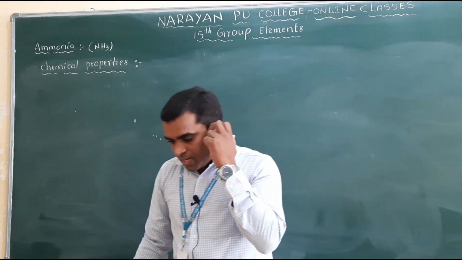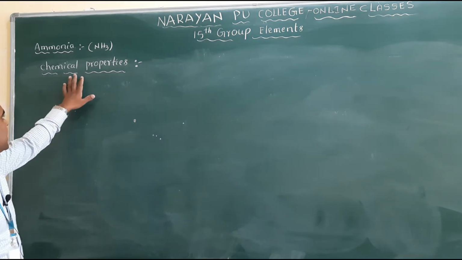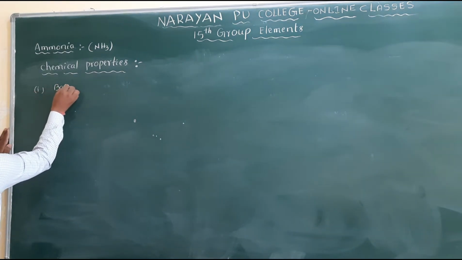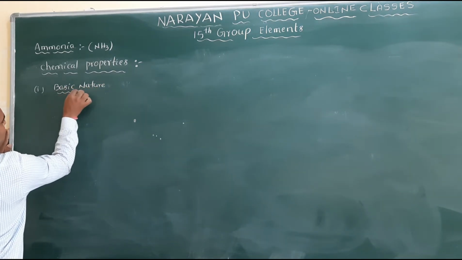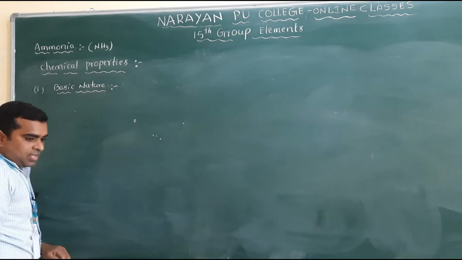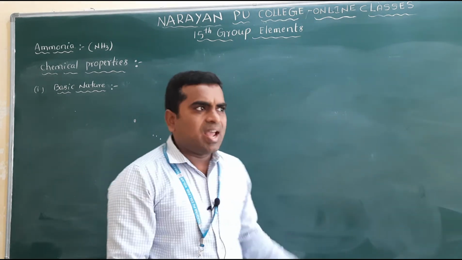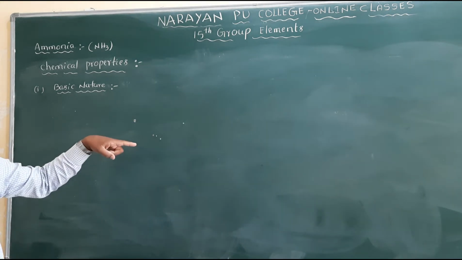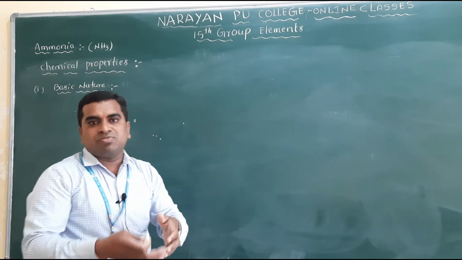Clear? So we have completed the preparation methods, the structure of ammonia, and also the physical properties, and next we come to the chemical properties. The first chemical property here is basic nature. You know that ammonia is a Lewis base. It can donate a pair of electrons, and I mentioned just now that ammonia is highly soluble in water because it can make hydrogen bonds with the water molecule.